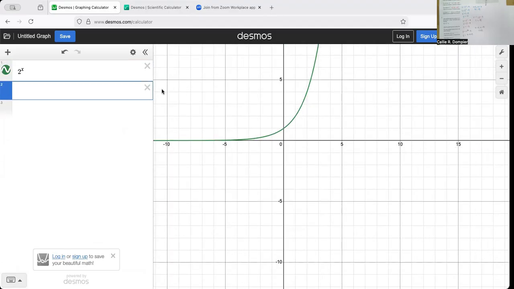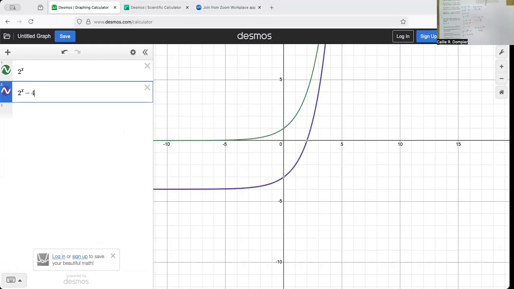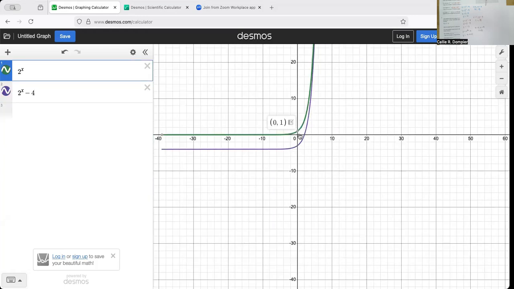And then the transformation would be that we're subtracting 4. So before I write it, think about what is going to change. It's going to go down 4. So from (0, 1), it's going to go to (0, -3). So all of these spots just moved down 4.